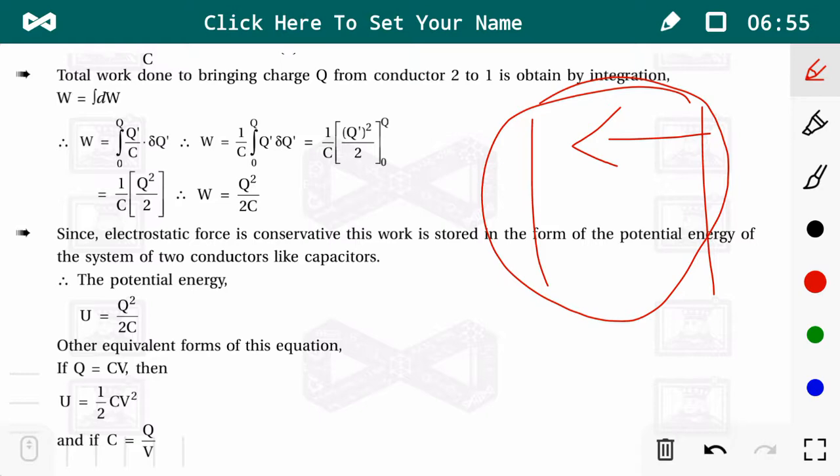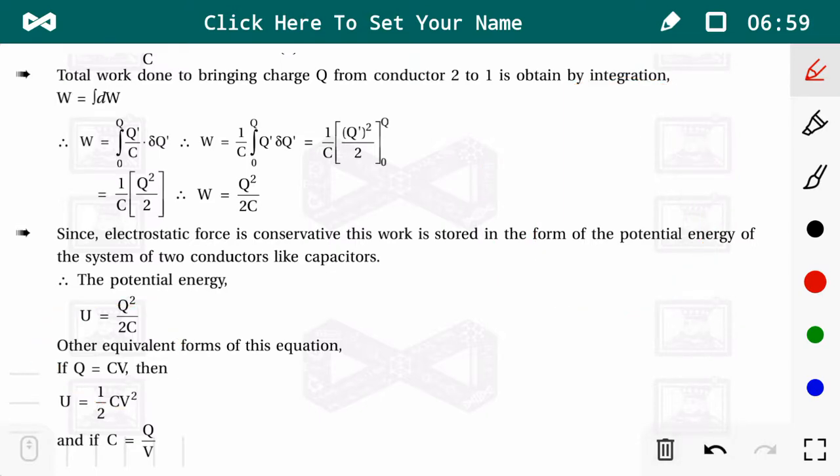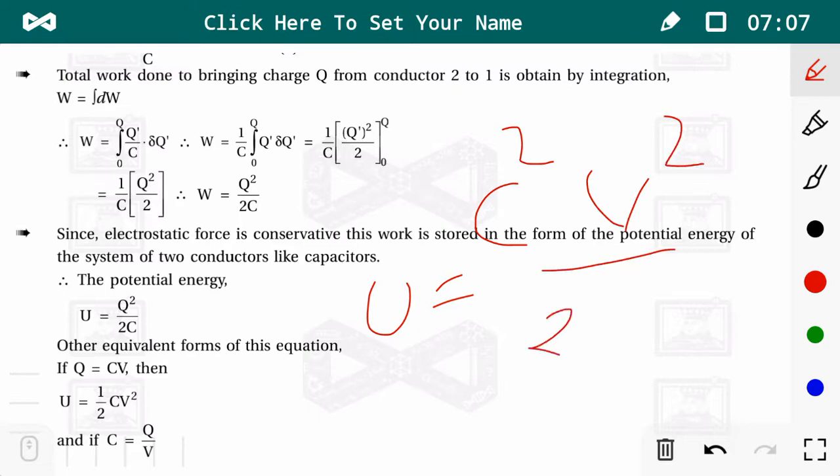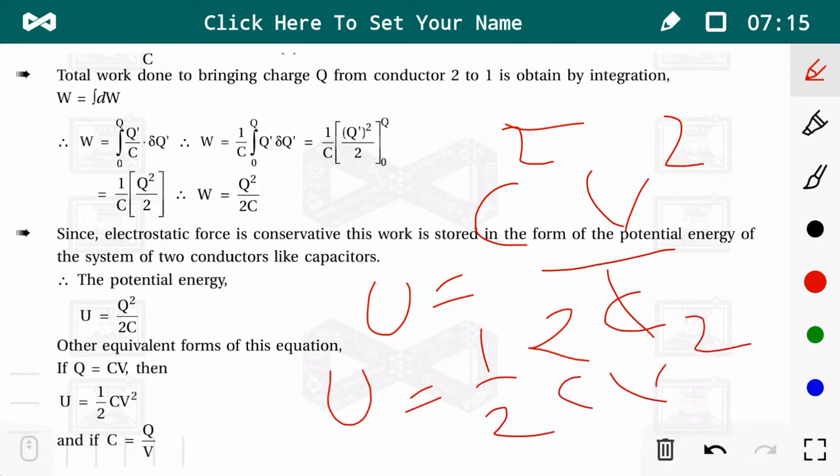Now you know that Q is equal to CV. So put in the values. So U is equal to C square V square upon 2C. So this one is cut. So now you got the value 1/2 CV square.